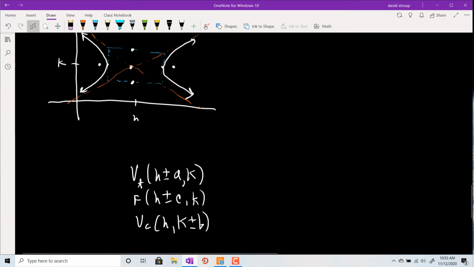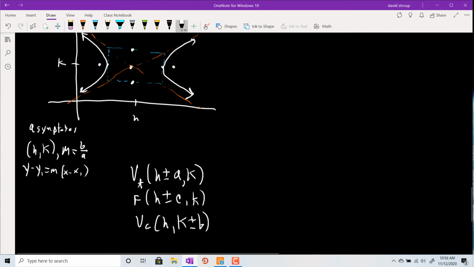The formula for the asymptotes this time, so you need a point, right? So the point this time is h, comma, k. So this is for the asymptote work. And then you need a slope. And in this orientation, you're going up by b and then over by a. Or you're going down by b and over by a. So from the formula, y minus y1 equals m times x minus x1.